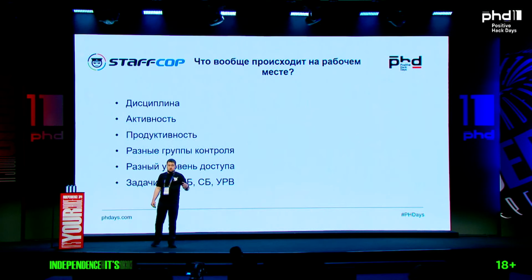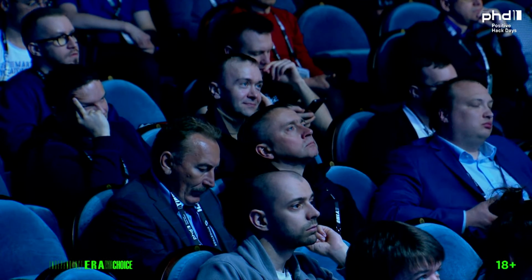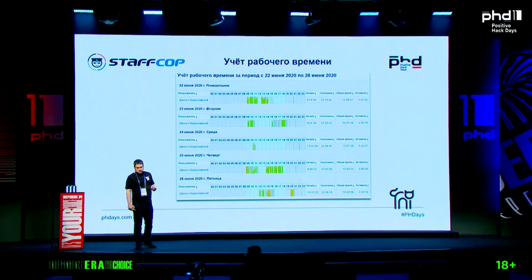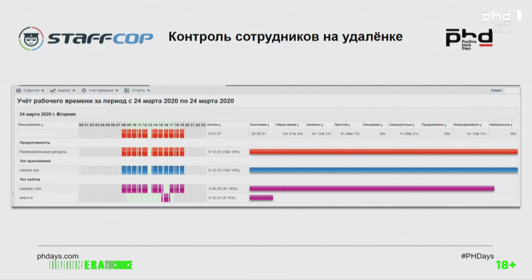And there are different layers of information: for top managers, mid-term managers, rank and file users, and users from different departments. The owner and top manager should have access to all information, other people not to all of it. So this is the office time, and you can see and analyze it.